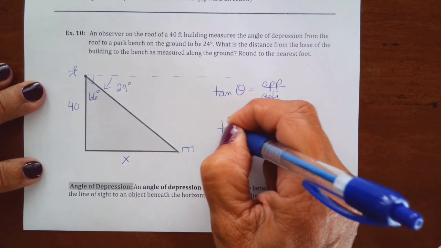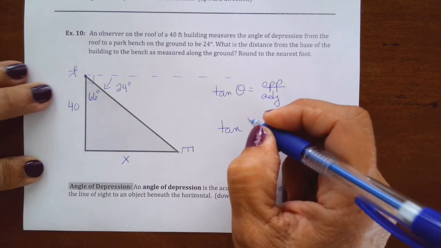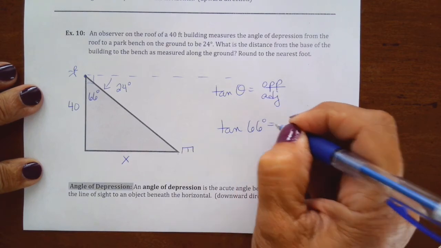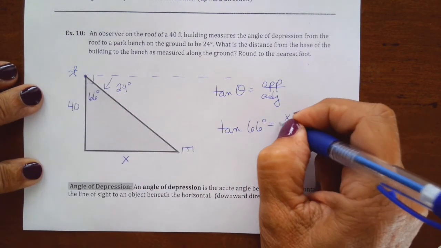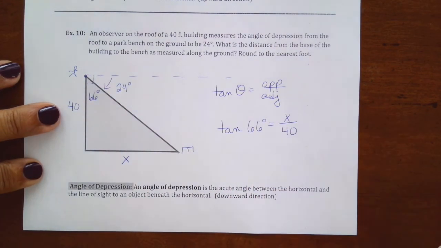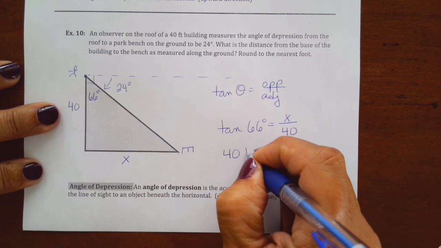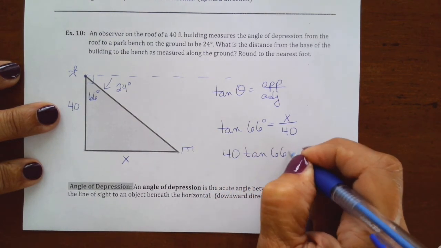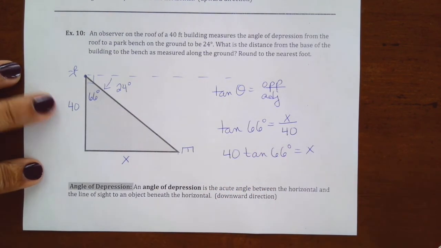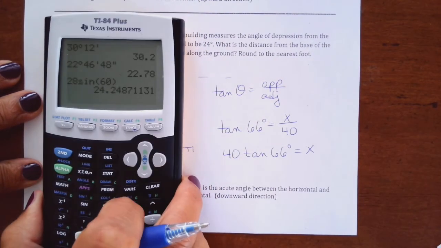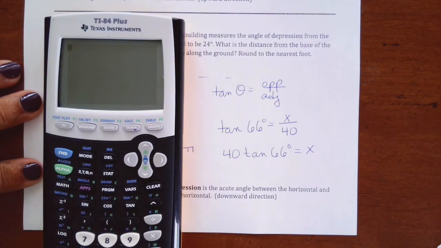Okay, so we're going to fill in what we have. We have theta, which is 66 degrees. We have the opposite side, which is x, and the adjacent side, which is 40. Again, we're going to multiply the 40 over here to solve for x. And then we just put that in our calculator. So 40 times the tangent of 66.